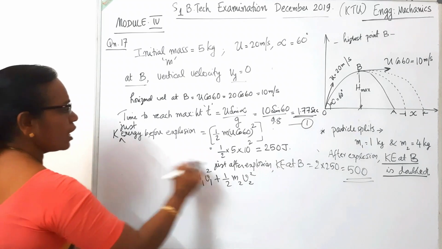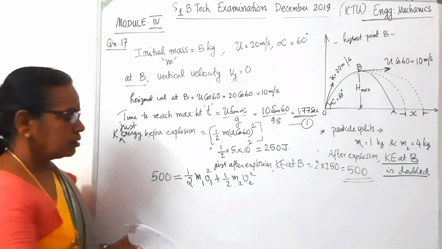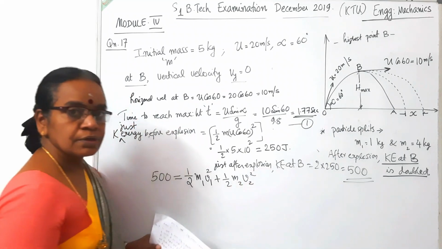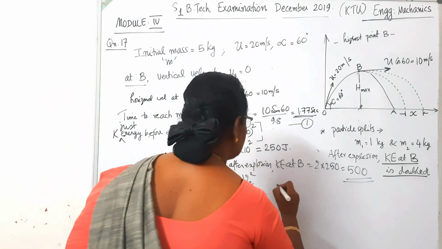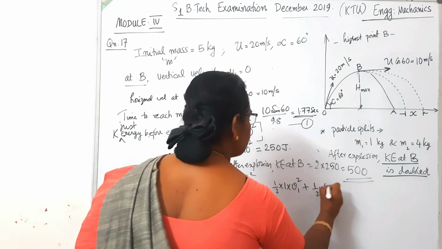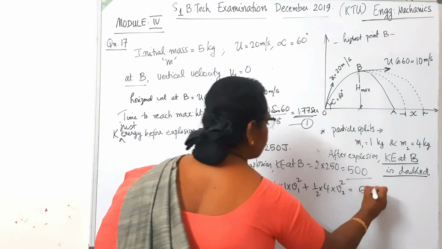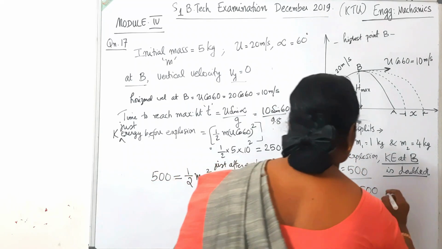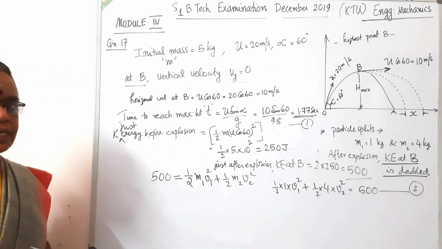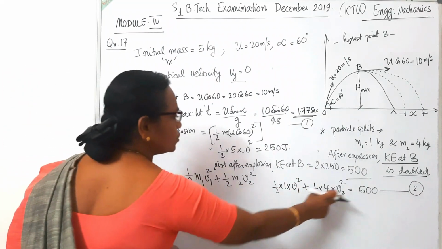So the kinetic energy after explosion, this 500, is equal to half m1 v1 square plus half m2 v2 square, where v1 is the velocity of the first mass. Let us call this equation 2. The kinetic energy just after the explosion is doubled, and that is equal to half m1 v1 square plus half m2 v2 square. That is one equation.